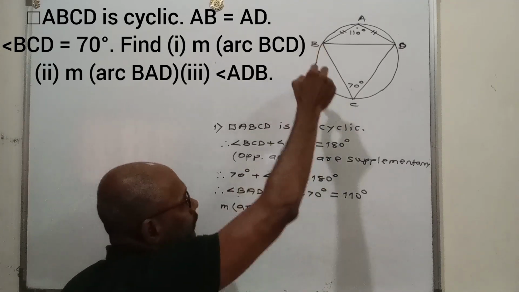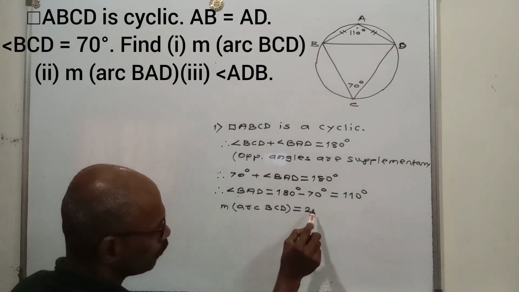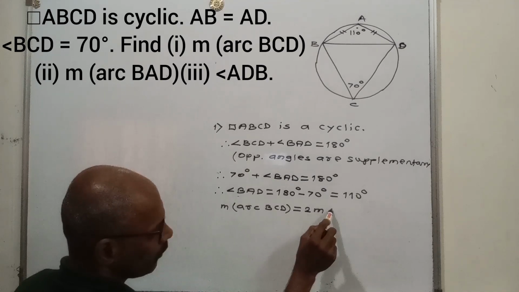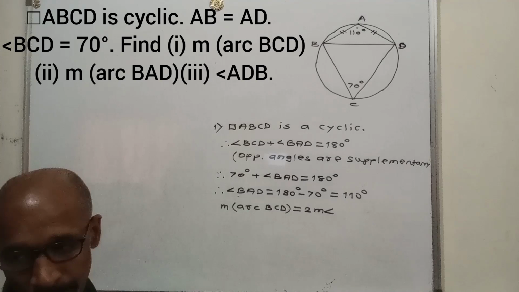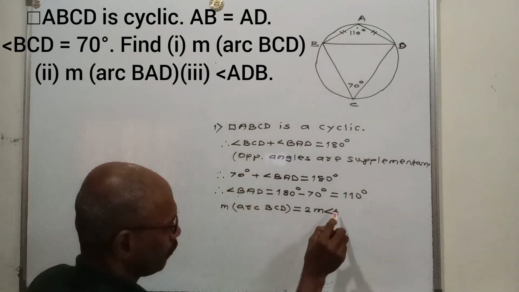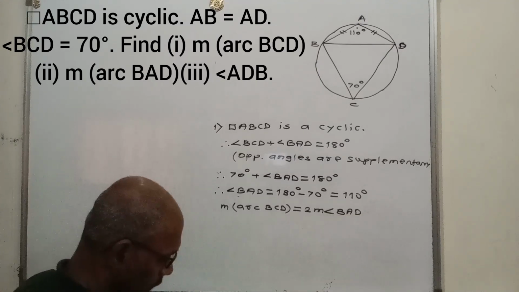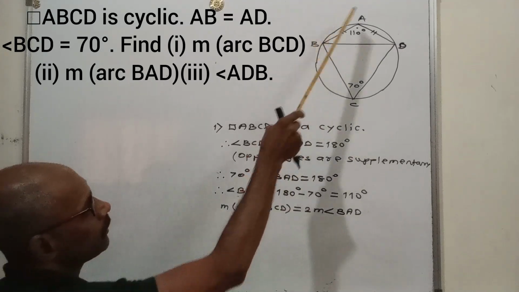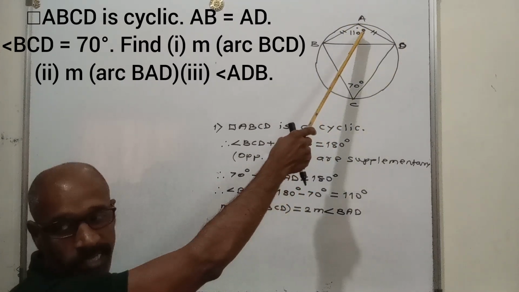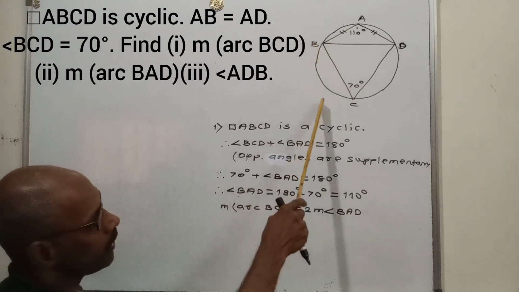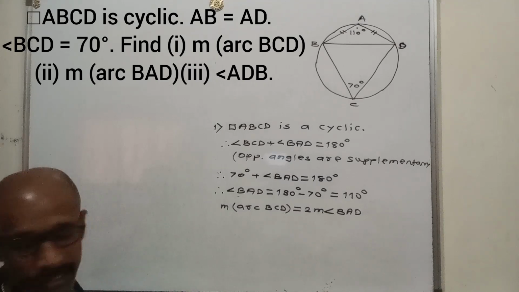See this, major arc BCD. Angle BAD intercepts this arc BCD.